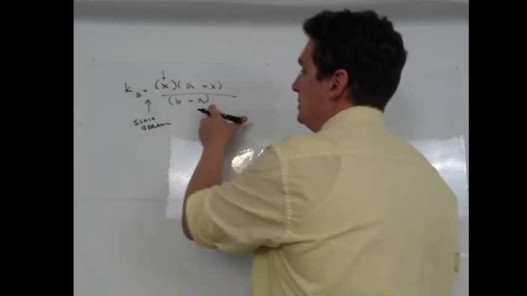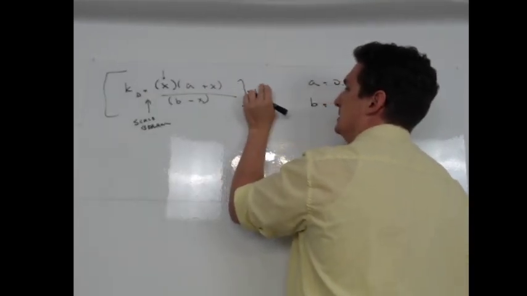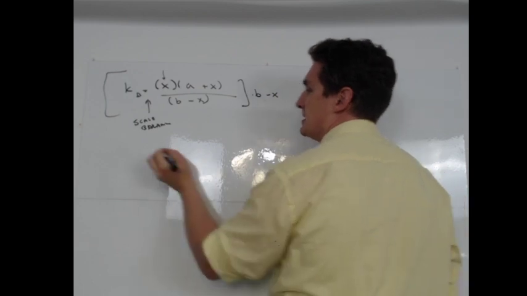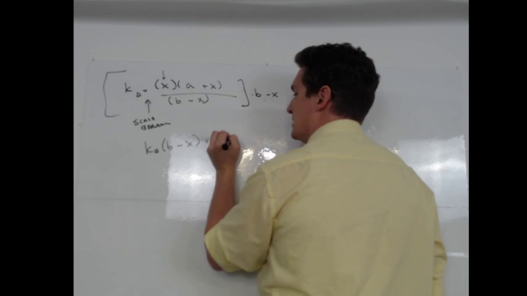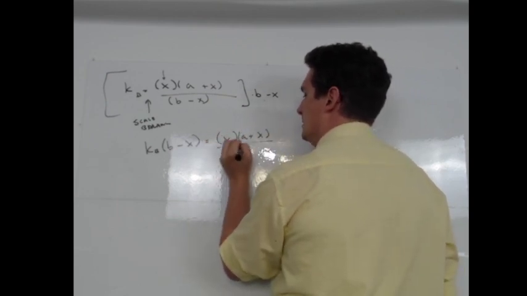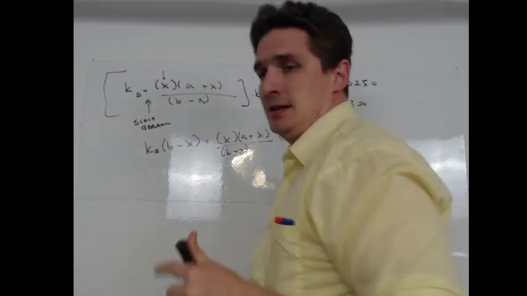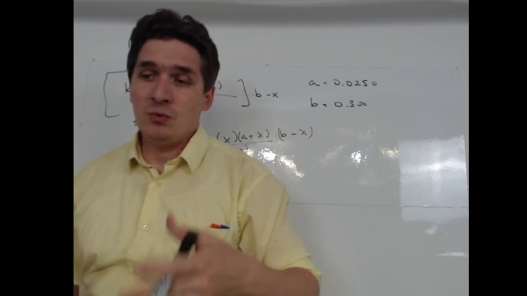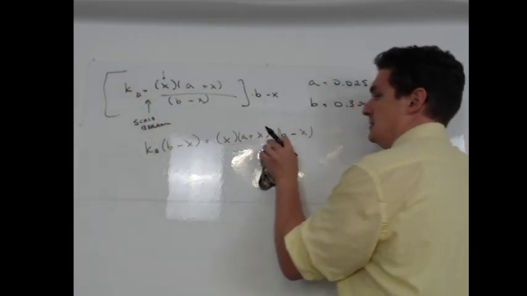So if I want to undo this, I multiply the whole thing times B minus X. So I get Kb times B minus X equals X times A plus X over B minus X, times B minus X. Now, the right side, the whole intent was to get rid of that B minus X in the denominator. So that's what I did.